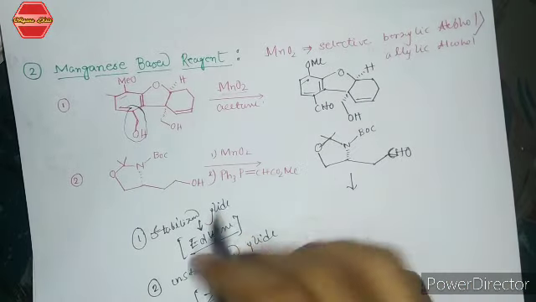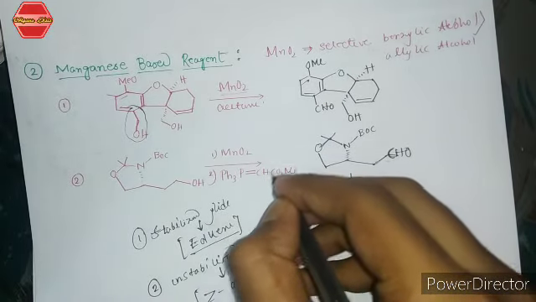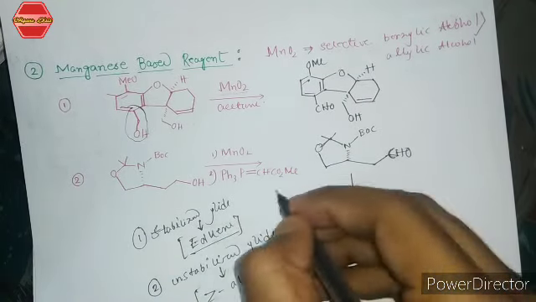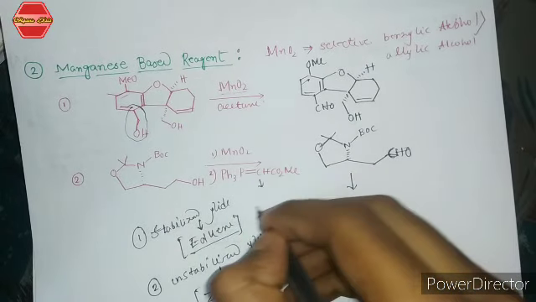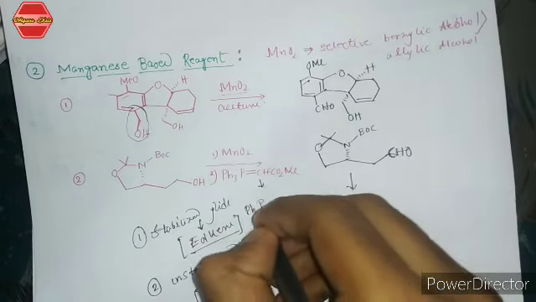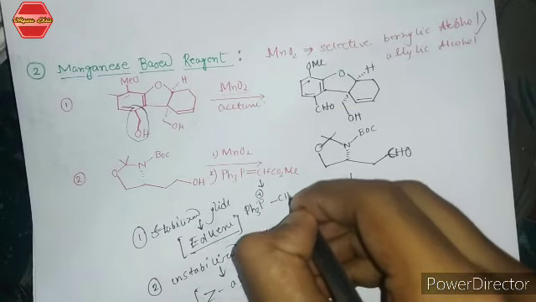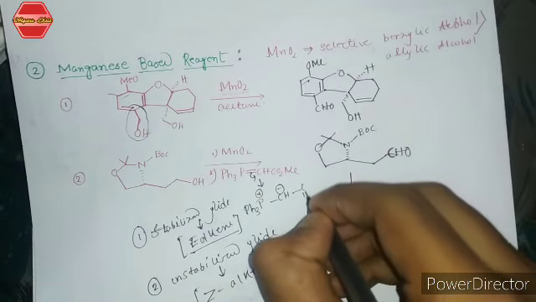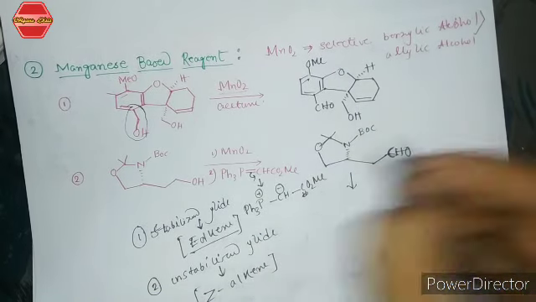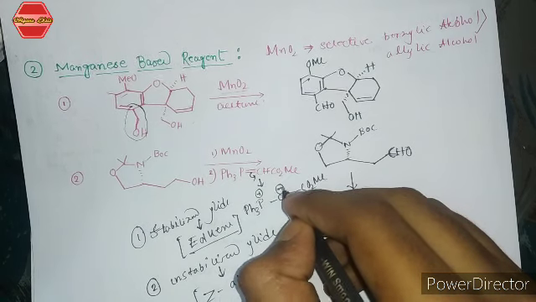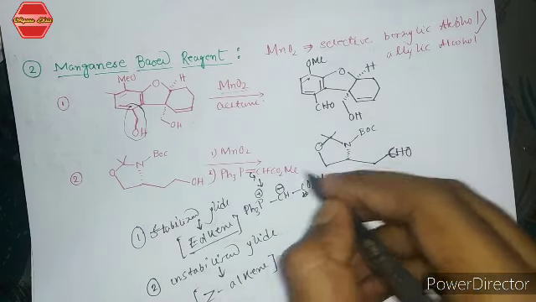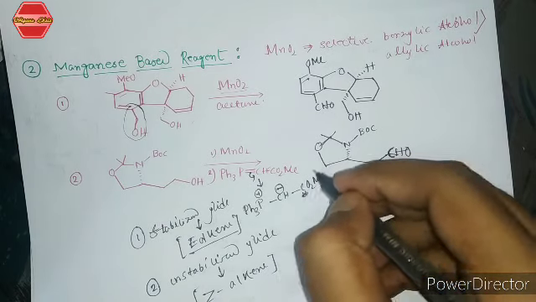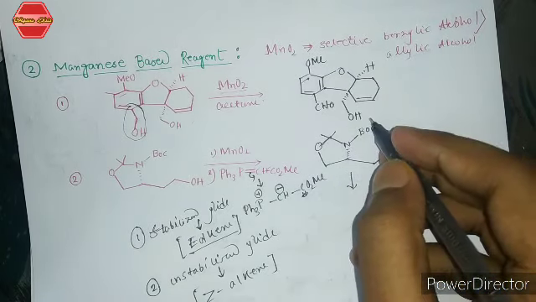For this you can check if there is an electron withdrawing group present on the ylide. If I write this ylide this way and break the bond this way, that is CO2Me, the negatively charged carbon center goes into resonance with this CO2Me group, so it will be much more stabilized.